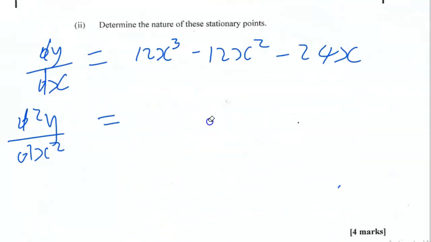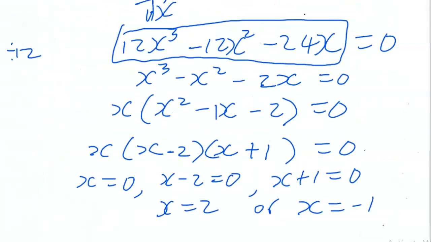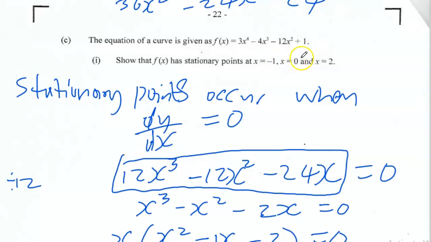Now to tell the nature of the stationary points, meaning whether it's a maximum or minimum or a point of inflection, we need to find the second derivative. Remember the first derivative was 12x cubed minus 12x squared minus 24x. So we get the second derivative by differentiating the first derivative. So we end up with 36x squared minus 24x minus 24. So remember the x values were minus 1, 0, and positive 2.